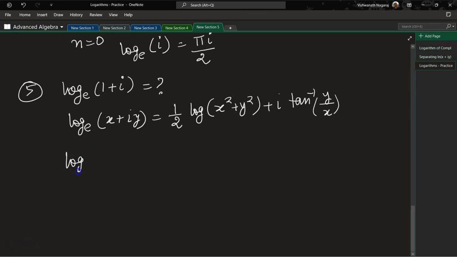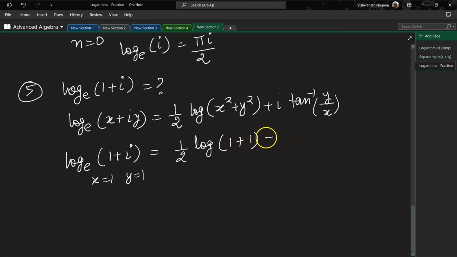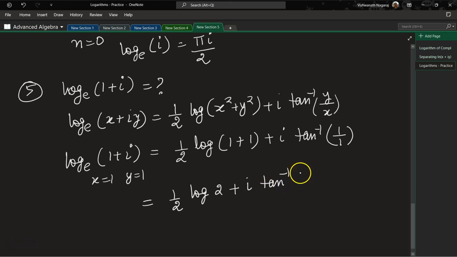Let's apply that. Log e of 1 plus I. So here x equal to 1, y equal to 1. So when we apply it, it becomes log of x is 1, so 1 square, plus y is 1, so y square, plus I tan inverse of y is 1, x is 1. So we get 1 by 2 log of 2 plus I tan inverse of 1.